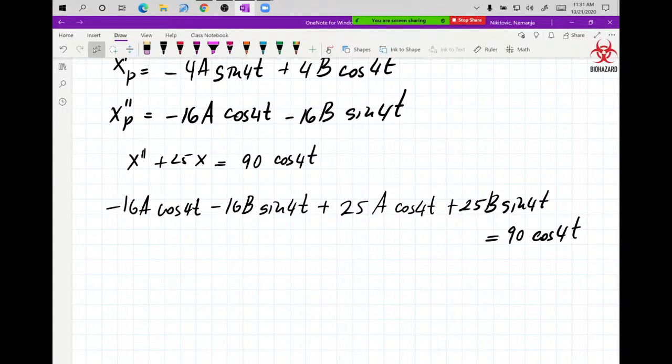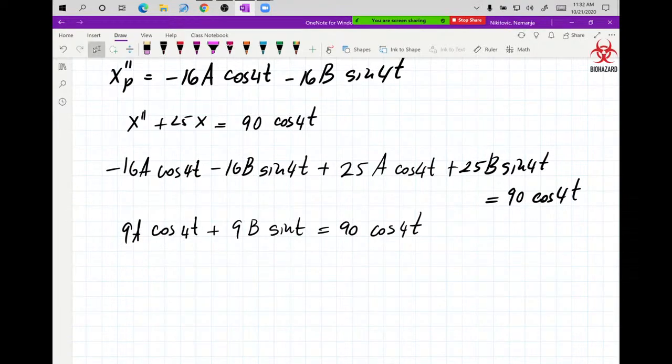Cosine and cosine, that's going to be 9a cosine 4t plus 9b sine 4t equals to 90 cosine 4t. Now we have coefficients of 9a and 90.